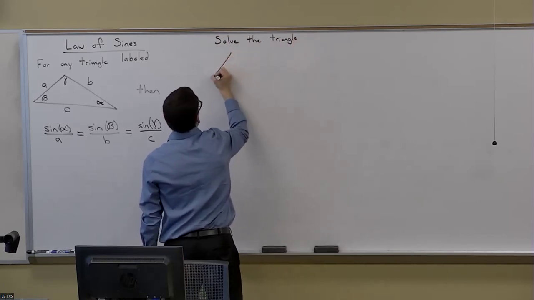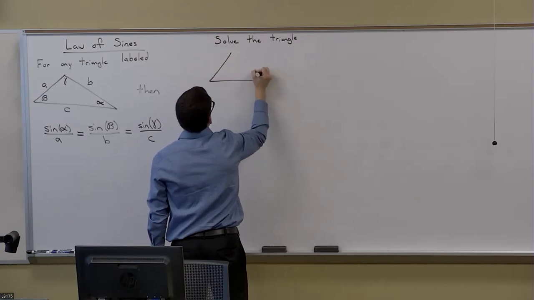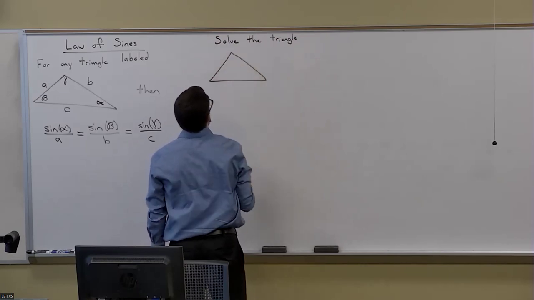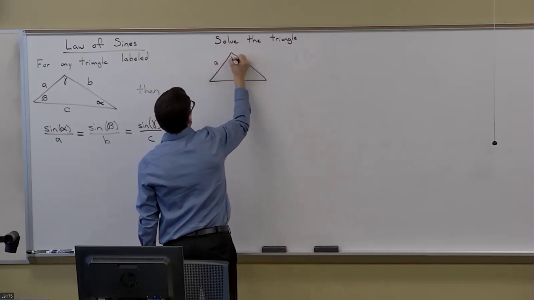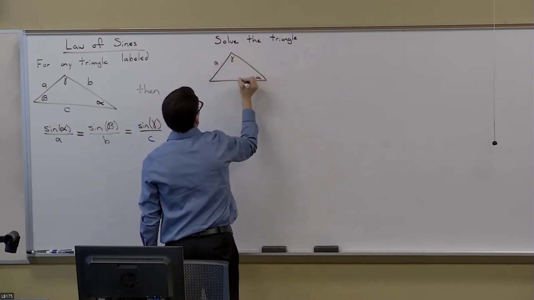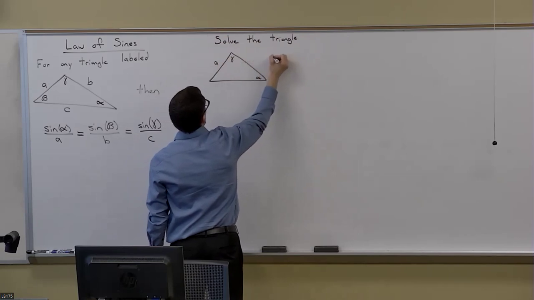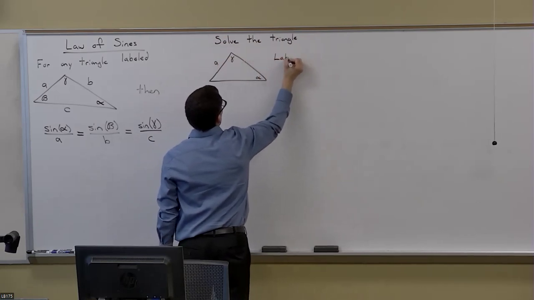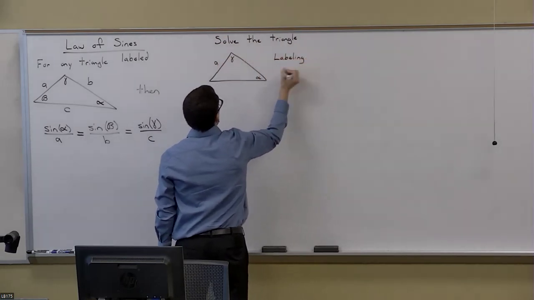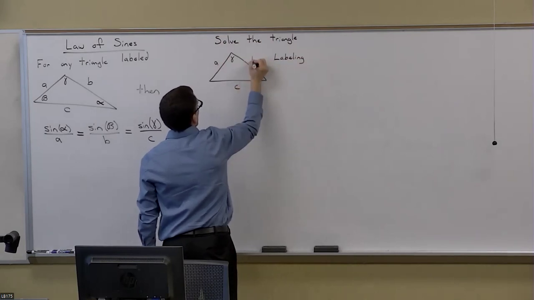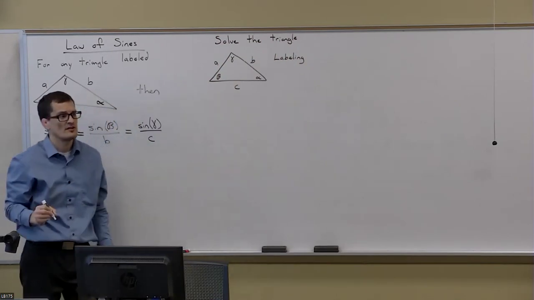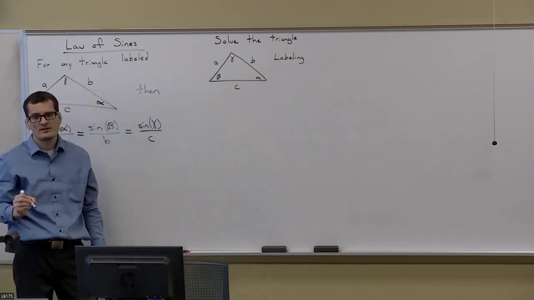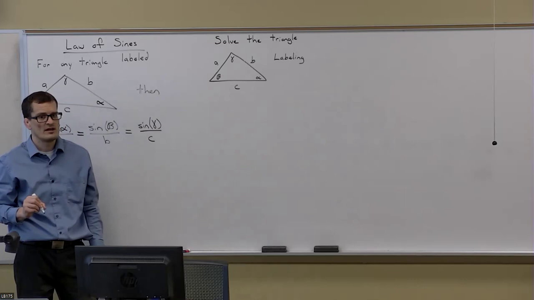So let's say I have a triangle. I'm going to make up some values here. And again, we're just going to assume the labeling is like this. Always assume that the labeling is that. Does that make sense? Always assume that the labeling is this way.